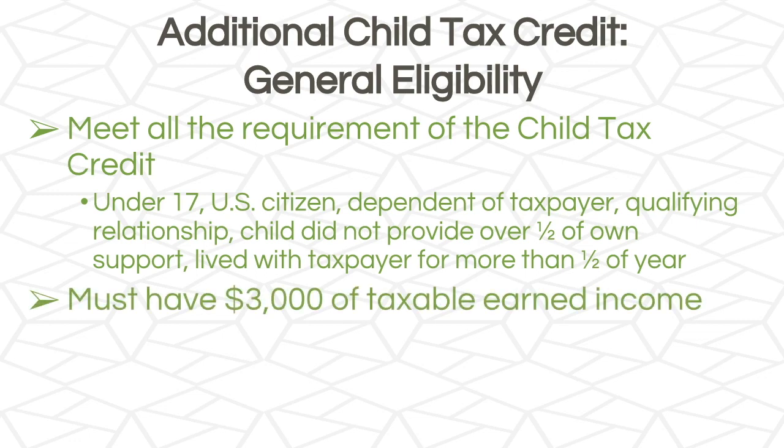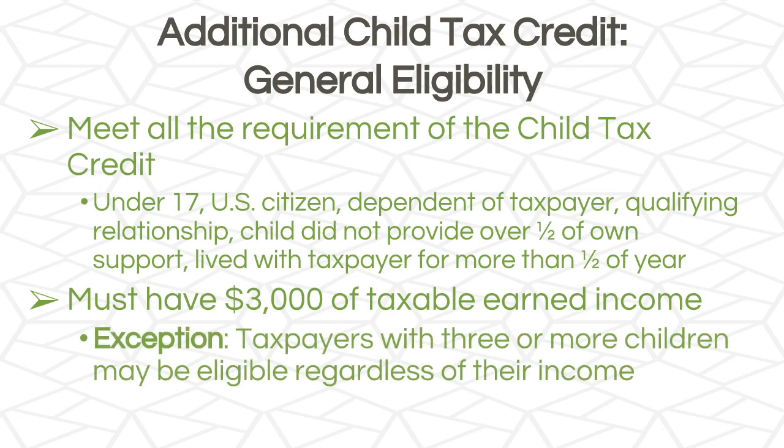Then the taxpayer must have $3,000 of taxable earned income. Now there is an exception to this, and that is for taxpayers with 3 or more children. They may be eligible regardless of their income.